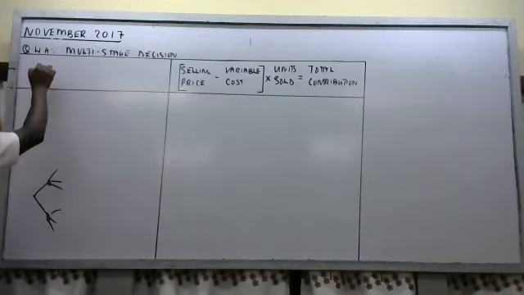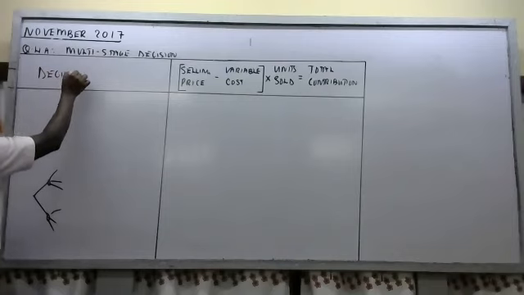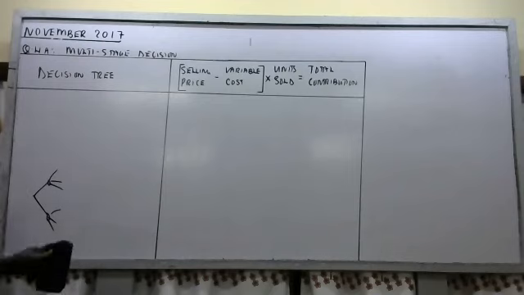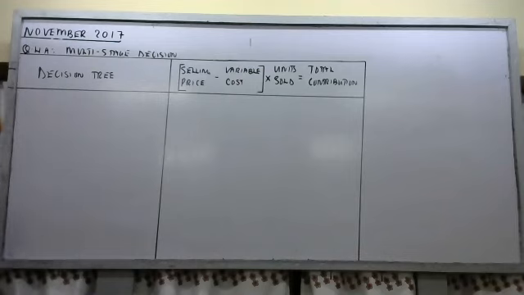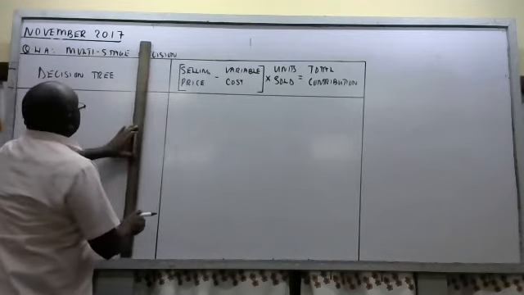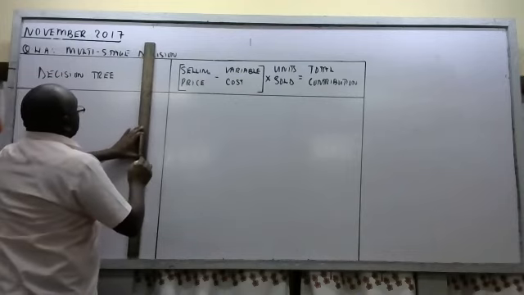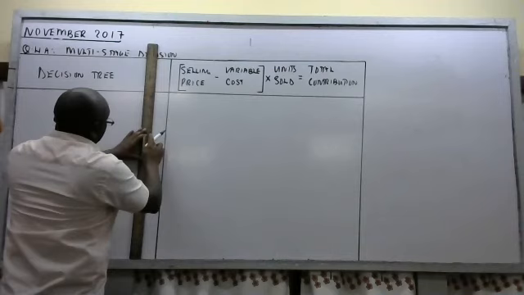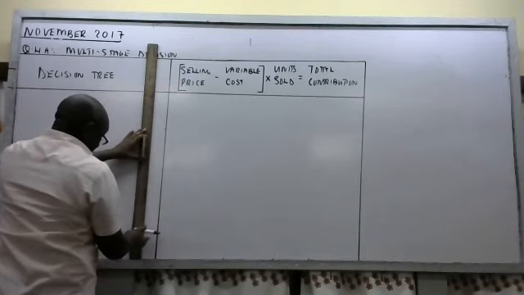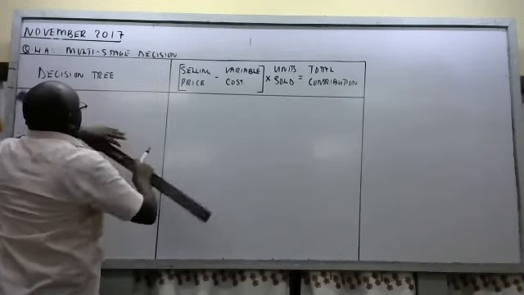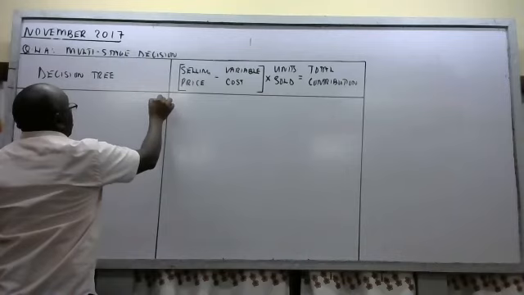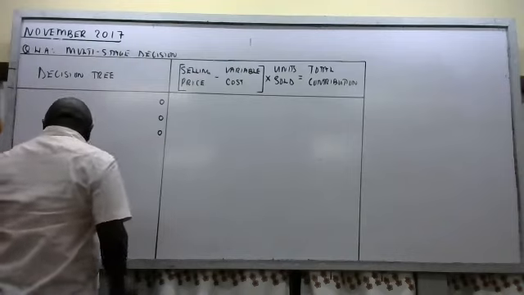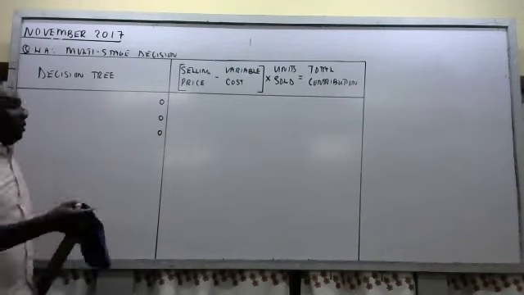So this is where I will draw my decision tree. One, two, three.